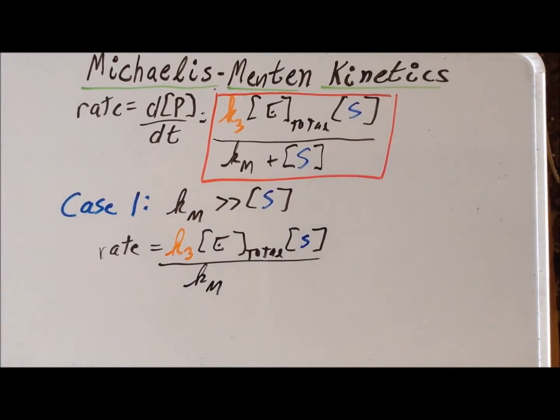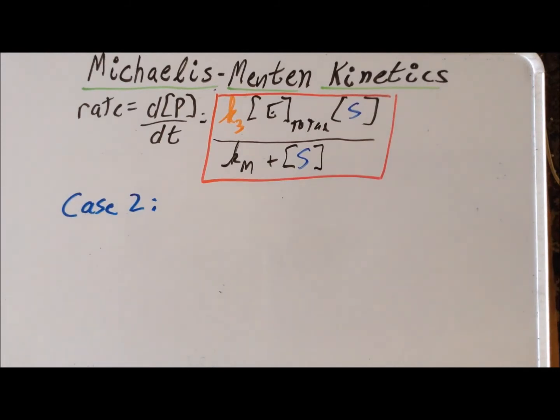Since we can think of K3 divided by K sub m and E total as constants, the rate is going to depend linearly on the substrate concentration S. So in this case, the rate seems to be first order in the substrate concentration.